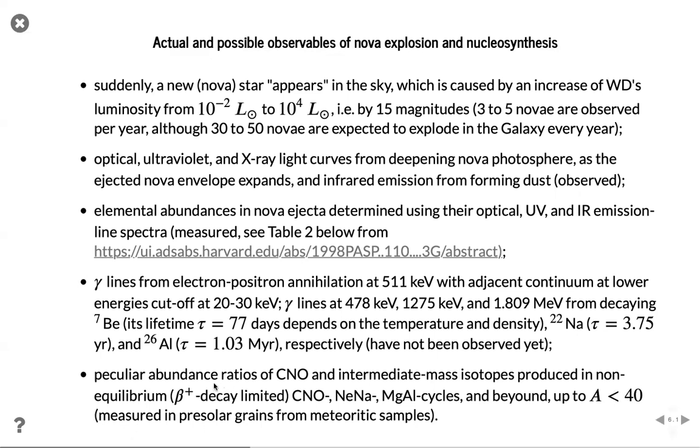So this peculiar isotopic abundance ratios that could be assigned to nova explosions have actually been measured in pre-solar grains from meteoritic samples. As you know, of course, in most cases, abundances of isotopes can only be measured so far only in pre-solar grains. Stellar spectroscopy can measure isotopic abundances only for a few elements like magnesium and oxygen. Yeah, okay, so let's go further.